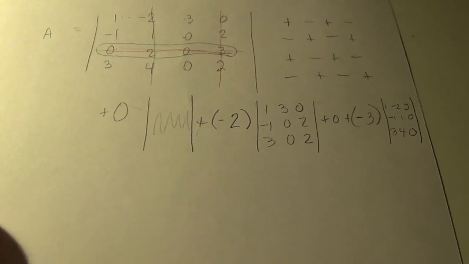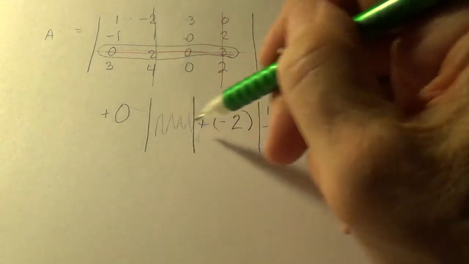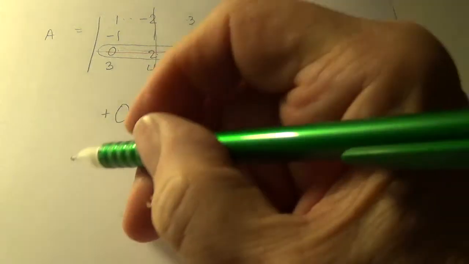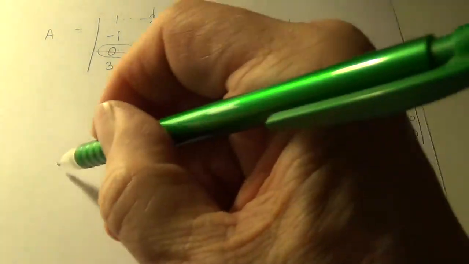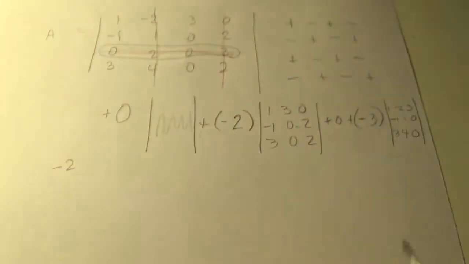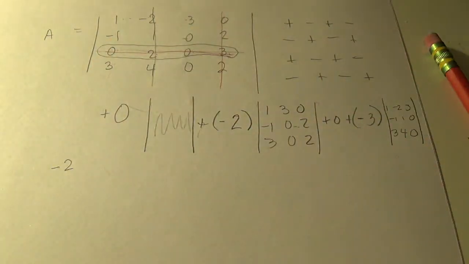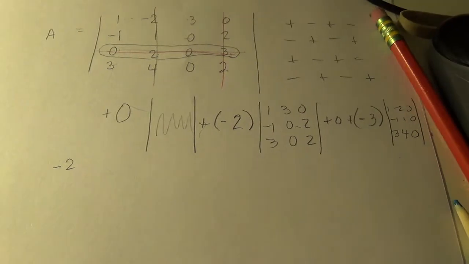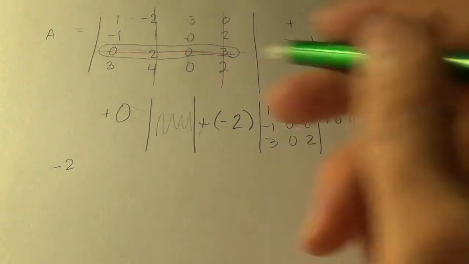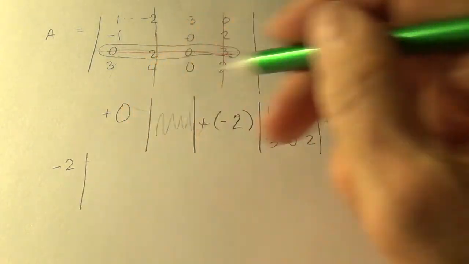Okie dokie. Alright, so let me rewrite this, and I'll bring the minus 2 along for the ride. Hard to see with certain glare. Alright, minus 2. Then I'm going to write this matrix.